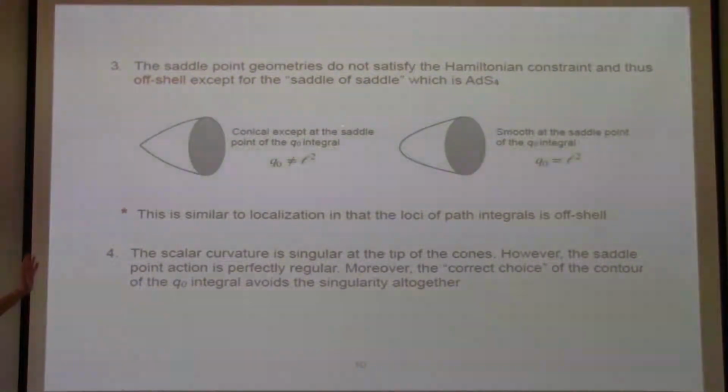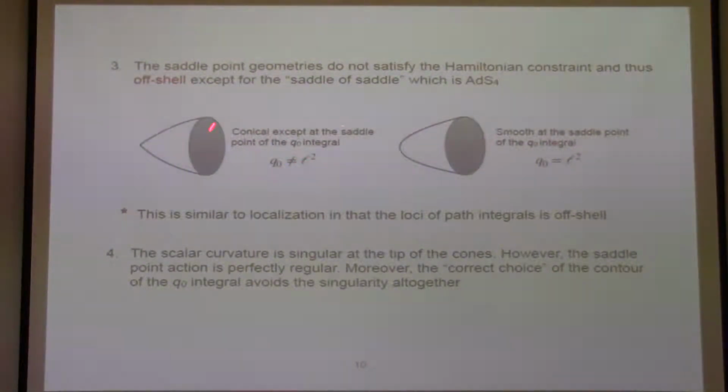So it's off-shell. But it has to be off-shell because if we want to get any quantum corrections, it cannot be just on-shell. Conceptually, this is very similar to gauge theory localization or supersymmetric localization in that the locus of the path integral is off-shell.